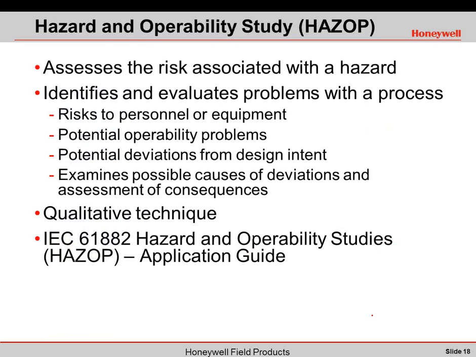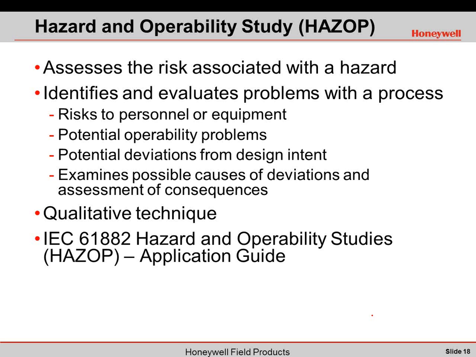is using a study called a HAZOP, or Hazard and Operability Study, rather. So a HAZOP assesses the risk associated with a hazard that might be part of your process in, say, a chemical plant.